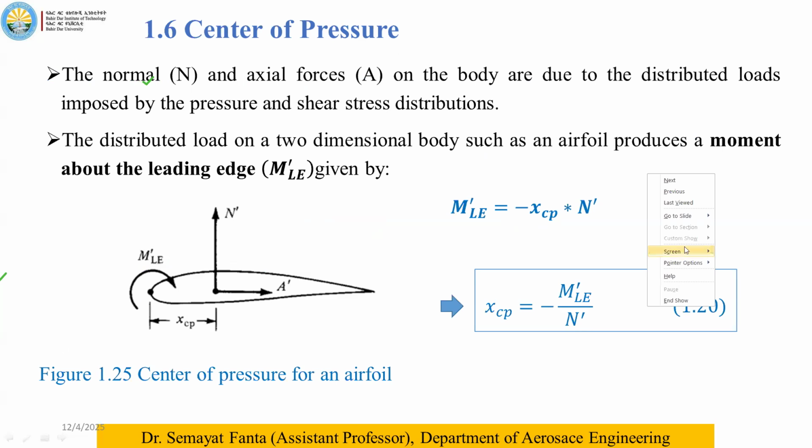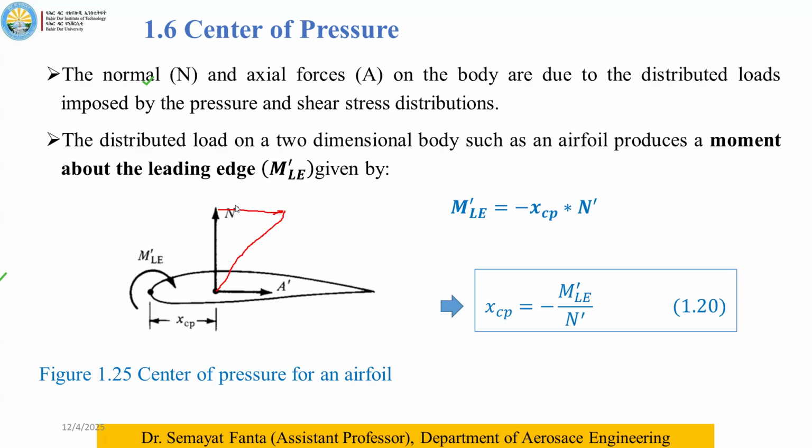We have seen what the resultant force is before. Maybe the resultant force acts in this direction, and when we resolve it, we get the axial component, that is the drag component, and the normal component, which is the lift component here.